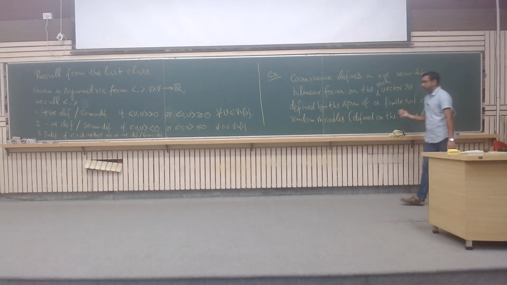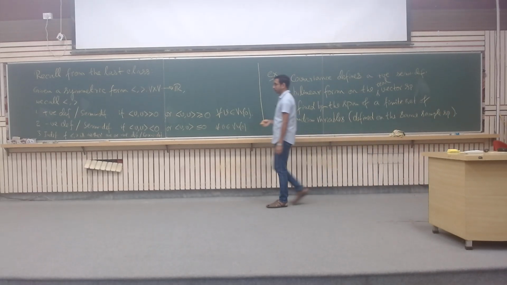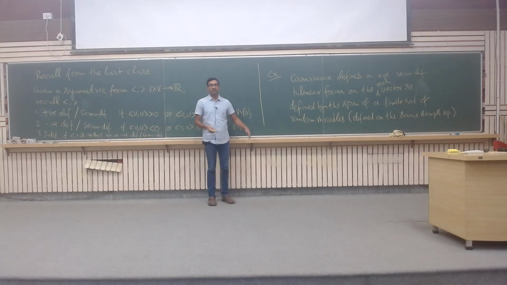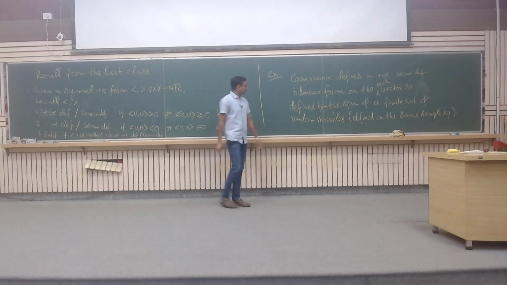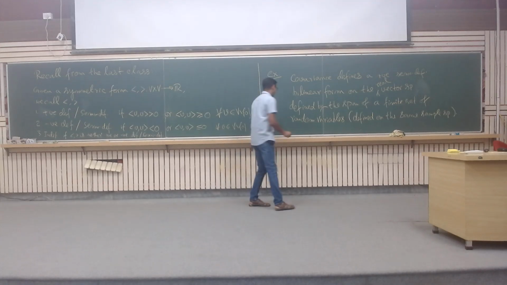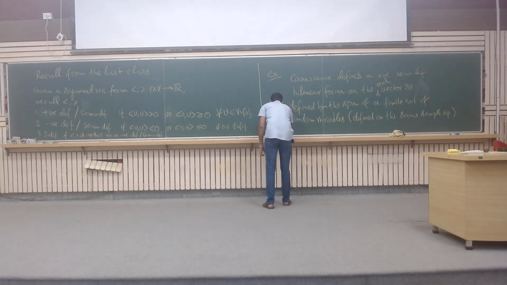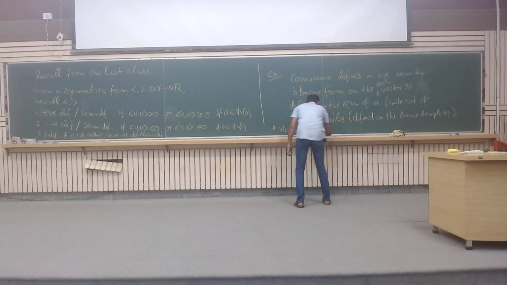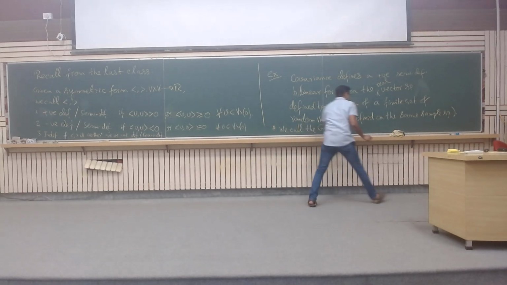Otherwise, how can we say anything about covariance between two such things if they are not defined on the same sample space? And in particular the Gram matrix of this form will be called the covariance matrix.